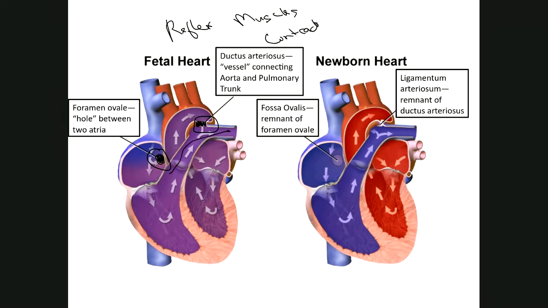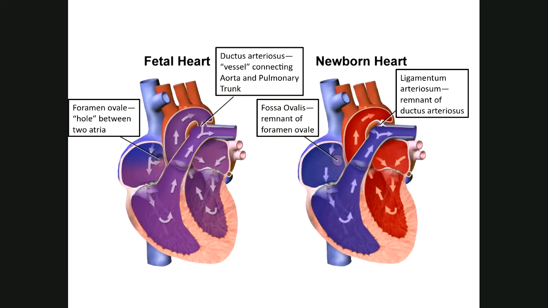And then pretty quickly what's going to happen is we're going to fill this in with connective tissue. So we're going to fill it in, almost like a scar is going to grow. And that connective tissue is going to prevent any leakage. And that connective tissue is going to stay there your entire life.